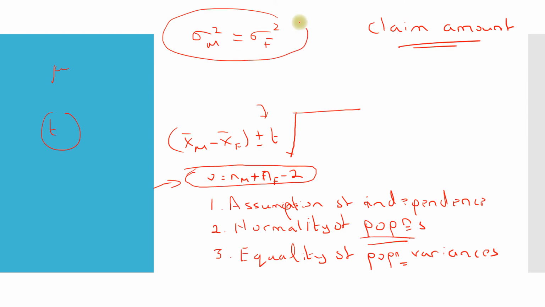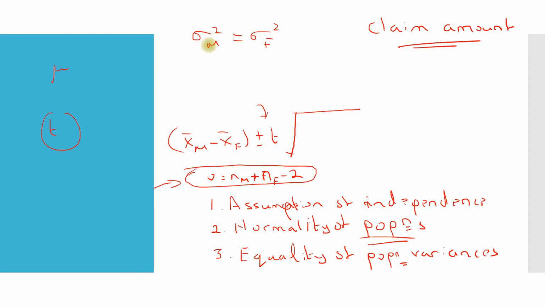This is an additional assumption that I bring in to be able to obtain the standard error with the t based on that degree of freedom. The last assumption is the equality of population variances, also referred to as homogeneous population variances. So we assume homogeneous population variances. Both population variances are equal.